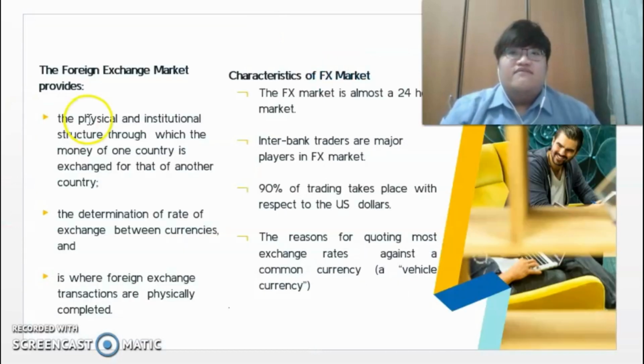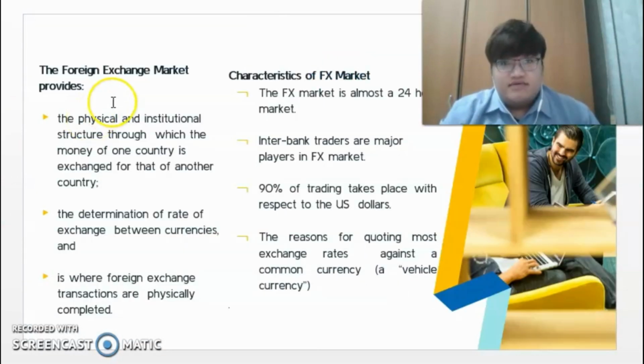The foreign exchange market provides the physical and institutional structure within which the money of one country is exchanged for that of another country. It also determines the rate of exchange between currencies, and it is where foreign exchange transactions are physically completed. There are four characteristics of the forex market.